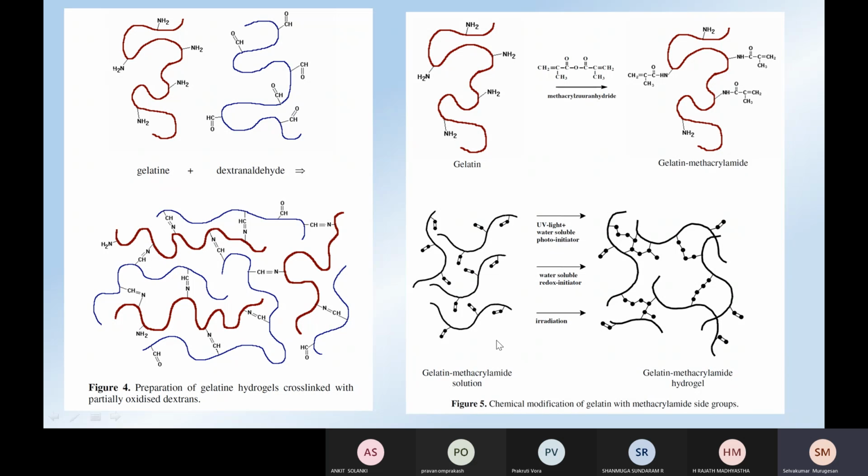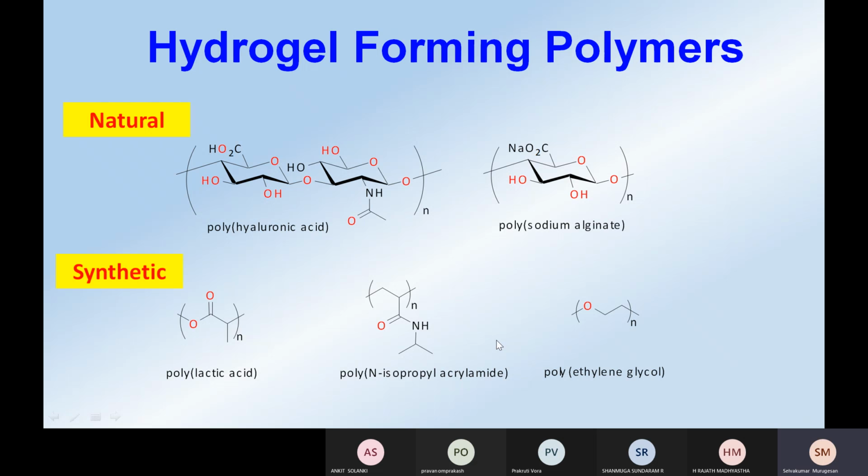Okay? And so these are a few polymers, natural and synthetic, from which hydrogels can be prepared. If you want to prepare a hydrogel, first of all the polymer should dissolve in water. Only then can the polymer be used to prepare a hydrogel. Okay?